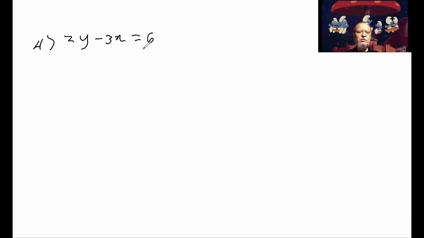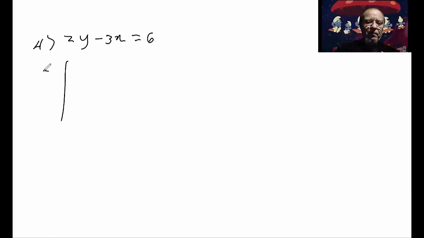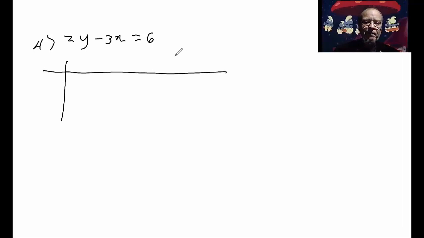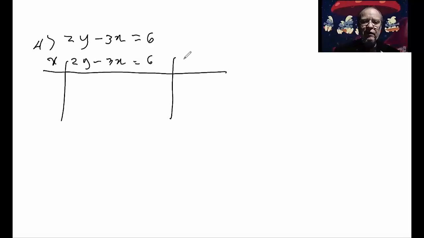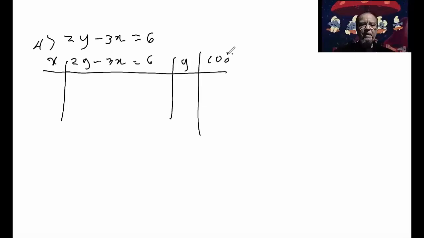So again, we're going to look for the x-intercepts and the y-intercepts of the graph by making our little table. So we put x, here's our equation, and y, and then we have our coordinate.